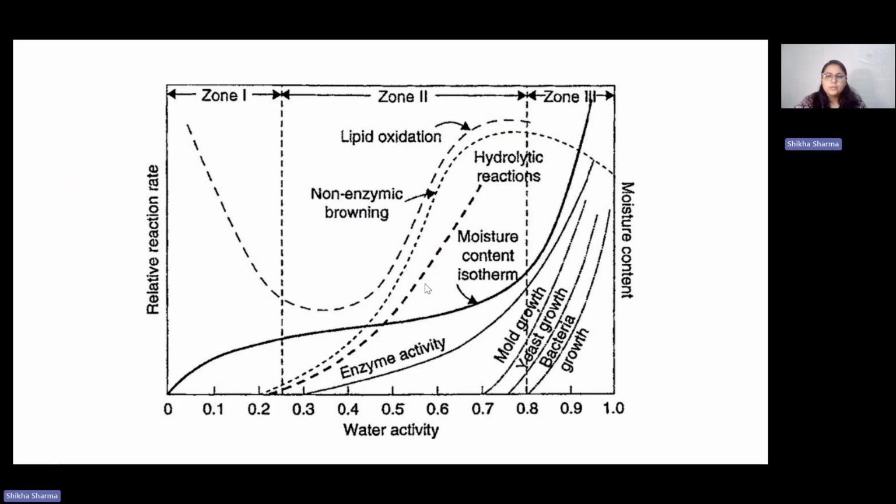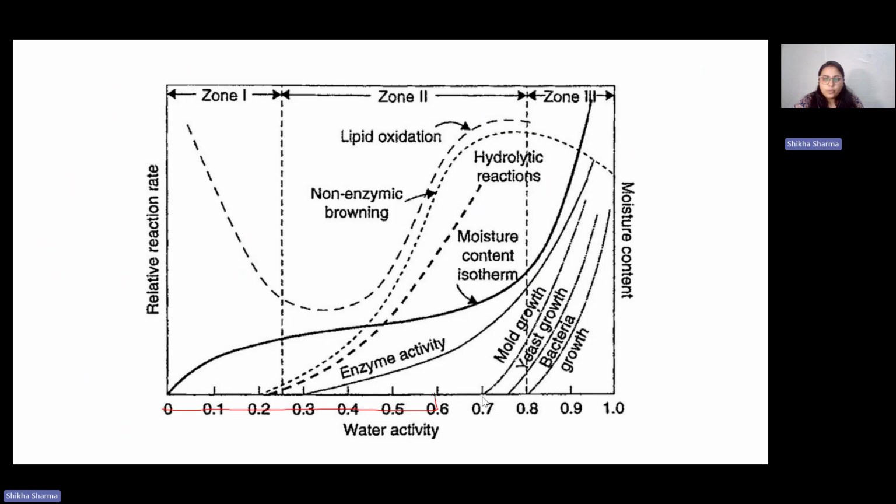So we can see here, in dry food products with less than 0.6 water activity, there is no growth of microorganisms, yeast or molds, and not much enzymatic reaction takes place.